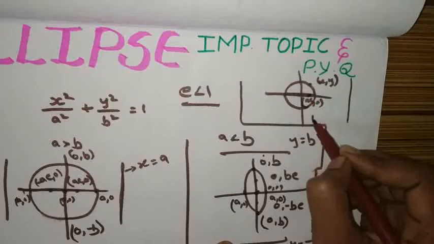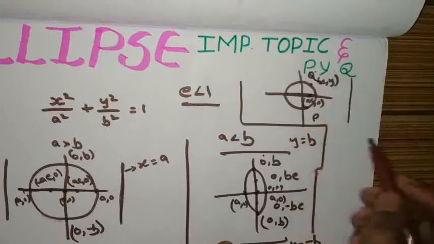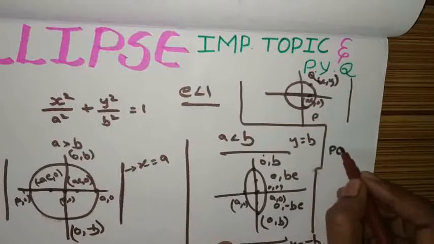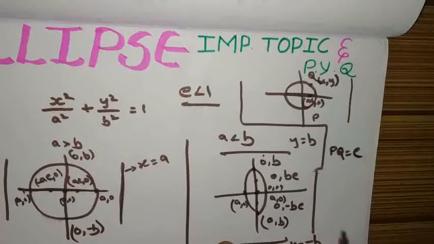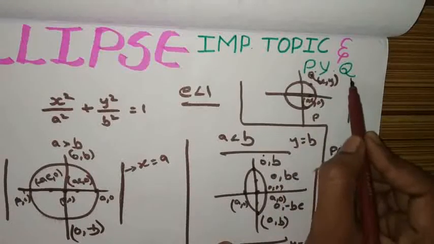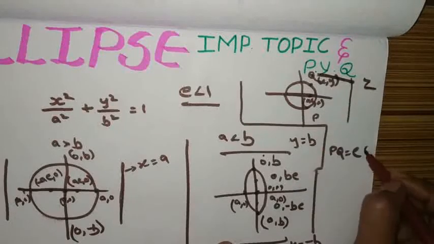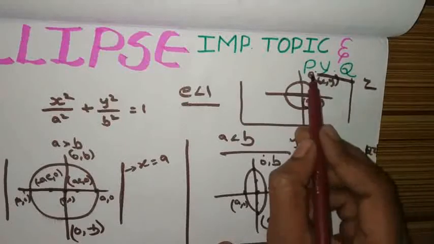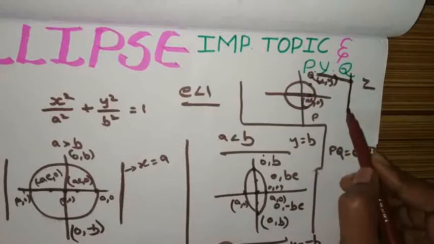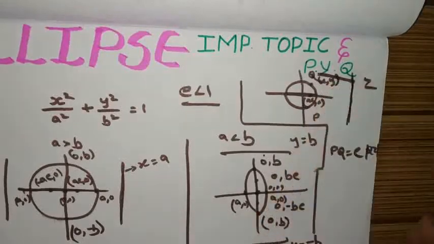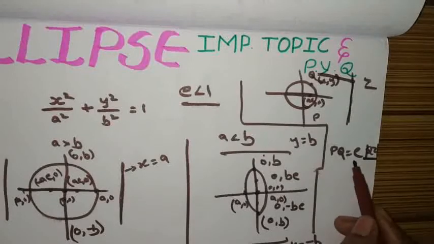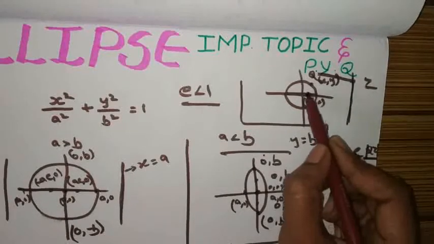Take this point as P and take this point as Q. PQ is equal to e into the perpendicular distance from this point to the directrix, say this is Z, QZ. From this point to a point on the directrix, it is a perpendicular distance. The perpendicular distance into e is equal to this PQ.